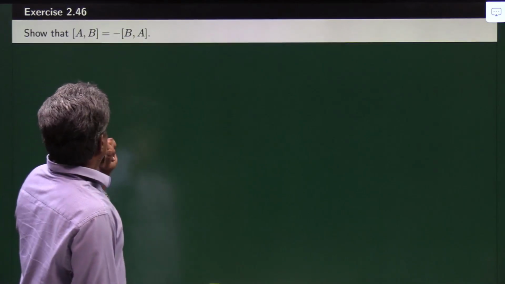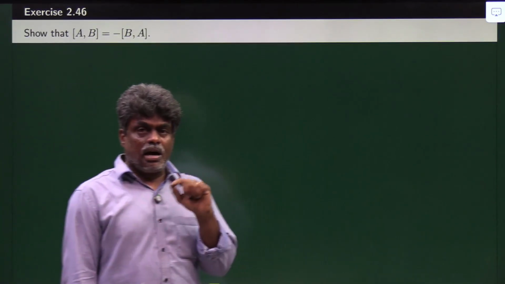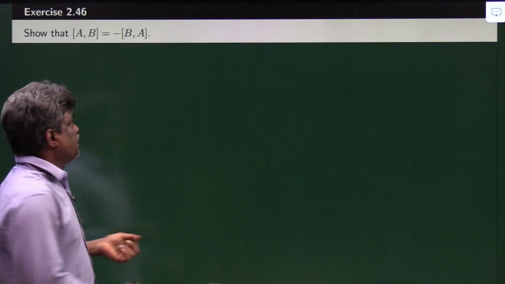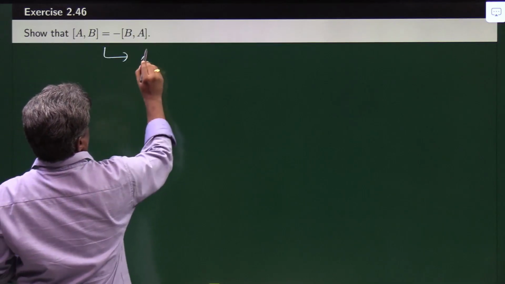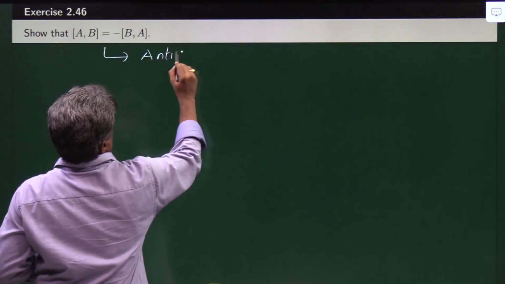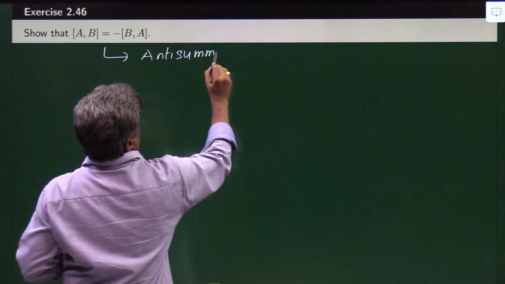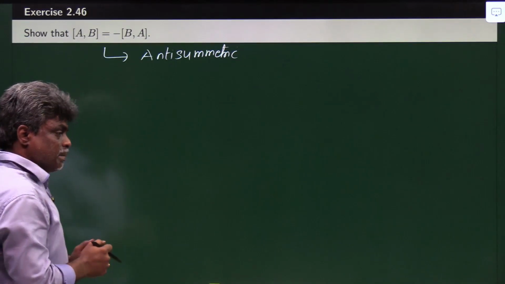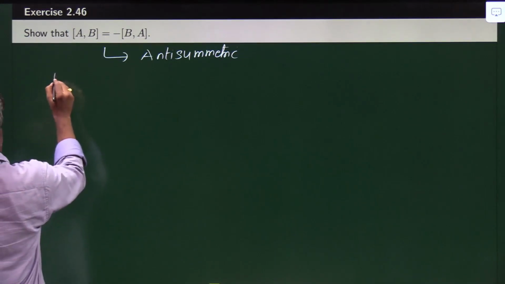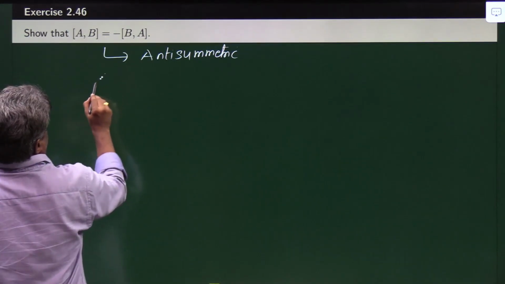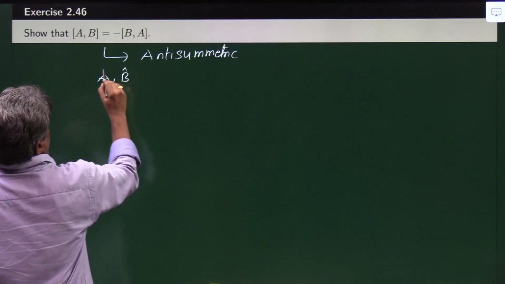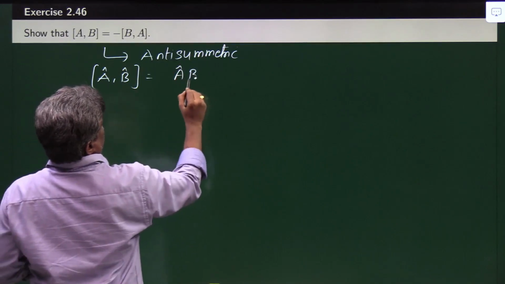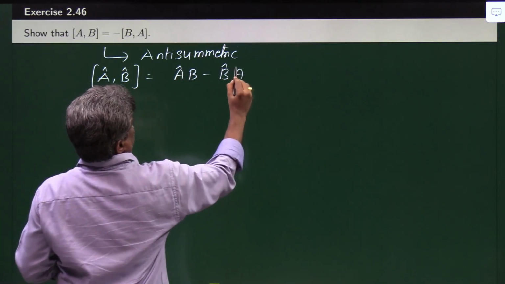And this is our next question. They are asking to show that the commutator [A, B] equals minus [B, A]. That means the antisymmetric relation, so every commutator is antisymmetric. Okay, this is also easy. Take the commutator definition [A, B] equals AB minus BA.